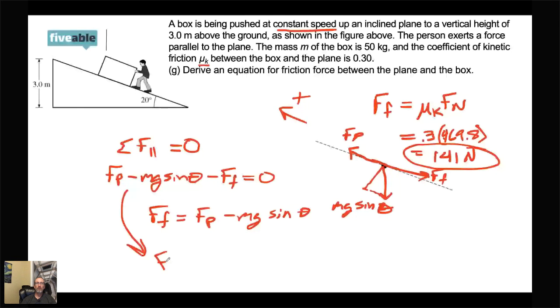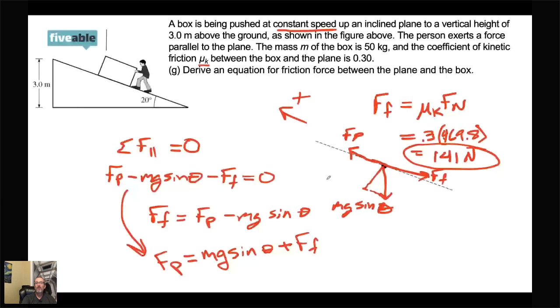The force of the person would be equal to, going to move the force of friction over, add it, move the mg sine of the angle over, so we add it. So the force of the person has to be equal to both the gravity component going down as well as the friction that is acting in the opposite direction. We know friction is 141.